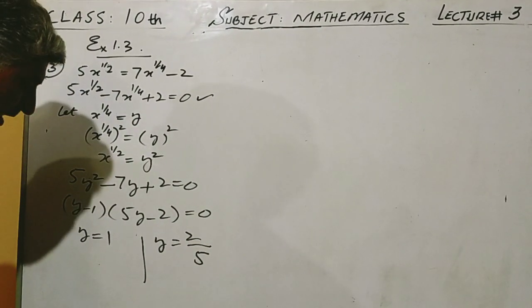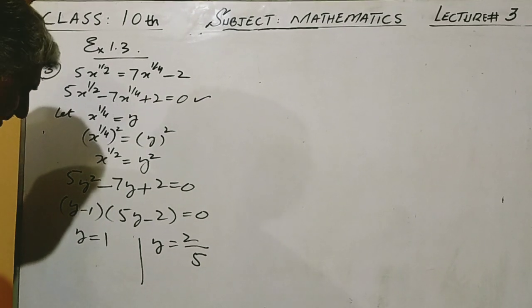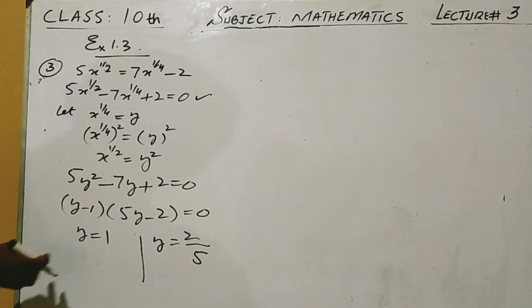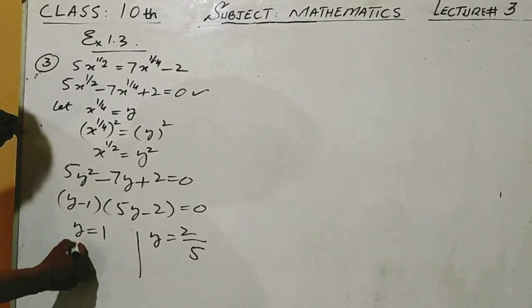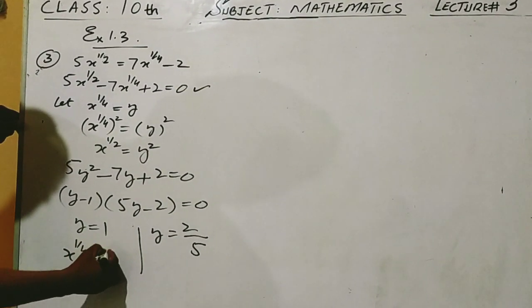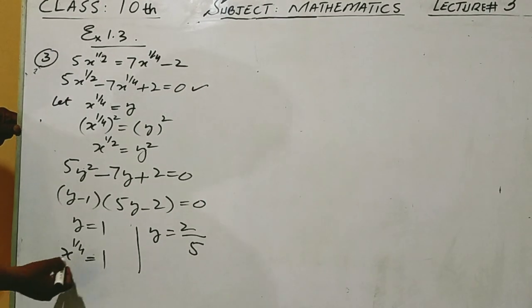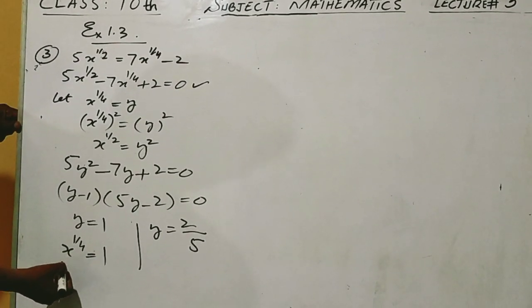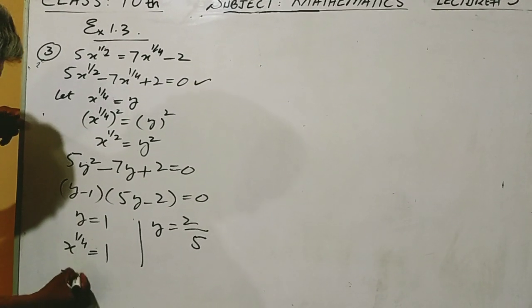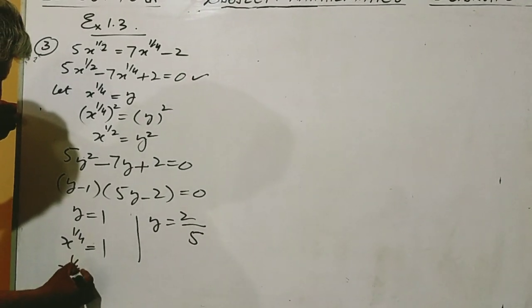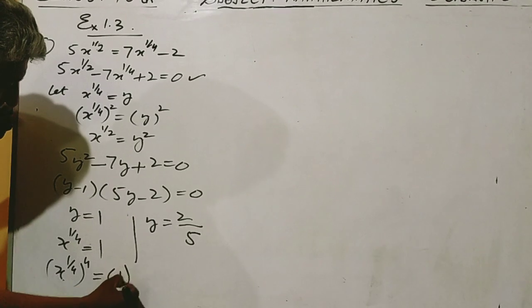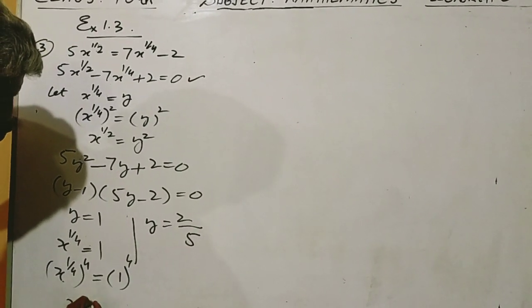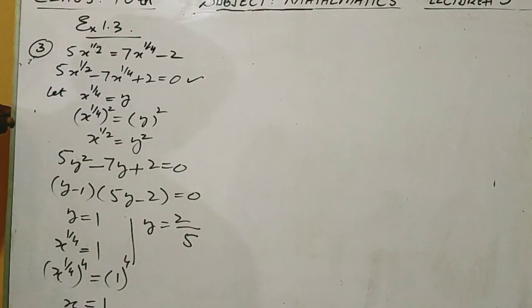Now you will go back and substitute the value of y, that is x raised to power 1/4 is equal to 1. Now you have to get the value of x. How will you get it? Take power 4 on both sides, so you will get x is equal to 1.